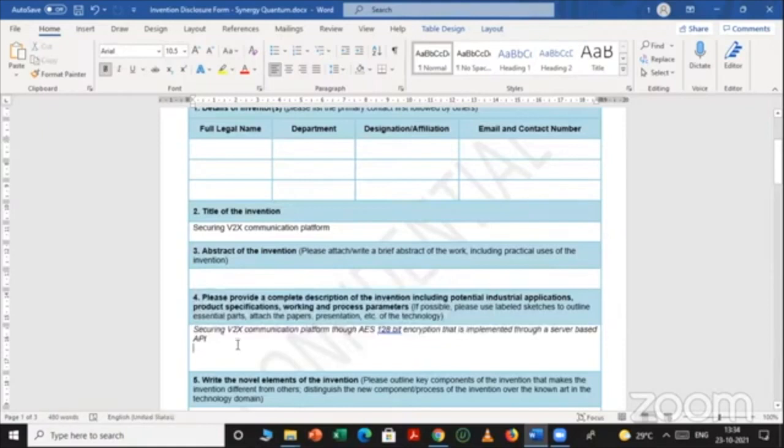But when you are going to provide your IDF to your attorney or to a firm like us, you have to describe everything related to your invention, or everything you know about your invention. For example, suppose you're doing research on a particular topic, suppose it is your PhD topic, and you're working on a particular problem.